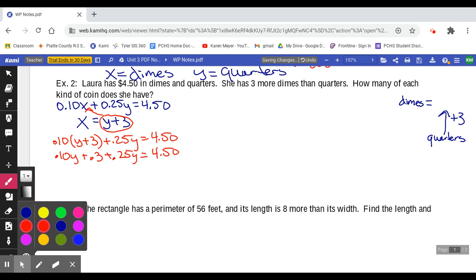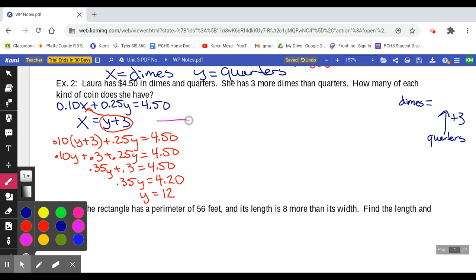Add like terms and you get 0.35y plus 0.3 equals $4.50. Subtract the 0.3, and that gives you 0.35y equals 4.2. Divide both sides by 0.35 and you get y equals 12.